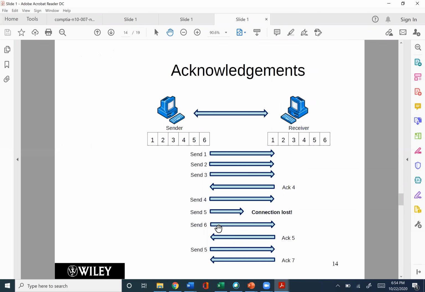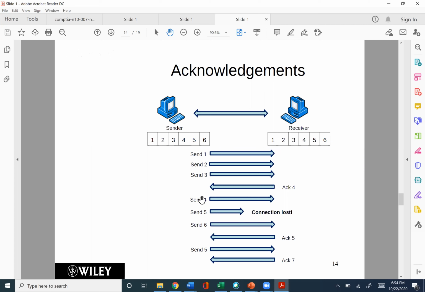If you don't acknowledge the data, the sender sends 1, 2, 3, 4, 5, 6, and the receiver has to receive 1, 2, 3, 4, 5, 6. If the receiver received everything but is missing 3, when the sender keeps sending until 6 and sees that the receiver never acknowledged 3, he will resend 3.